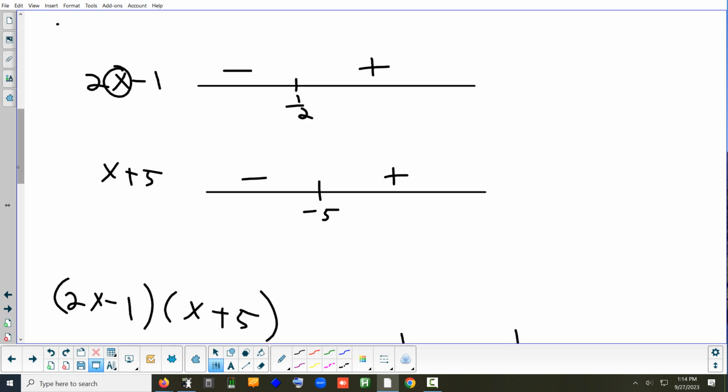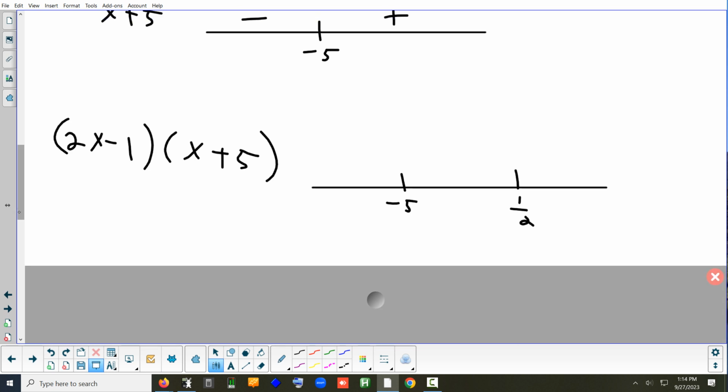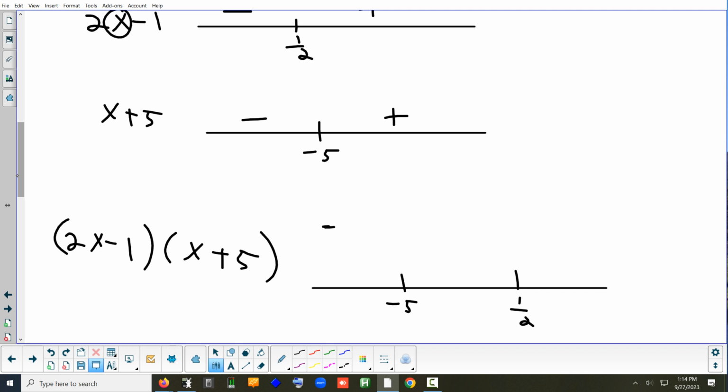If you're on the top number line, what section would you be in if you are -5 or lower? Yep. Negative. You'd be in the negatives. So I'm just going to put that up here for a second. So that'd be a negative. And if you were in the bottom number line, what section would you be in if you are -5 or lower? Yeah, negative. It's also a negative.